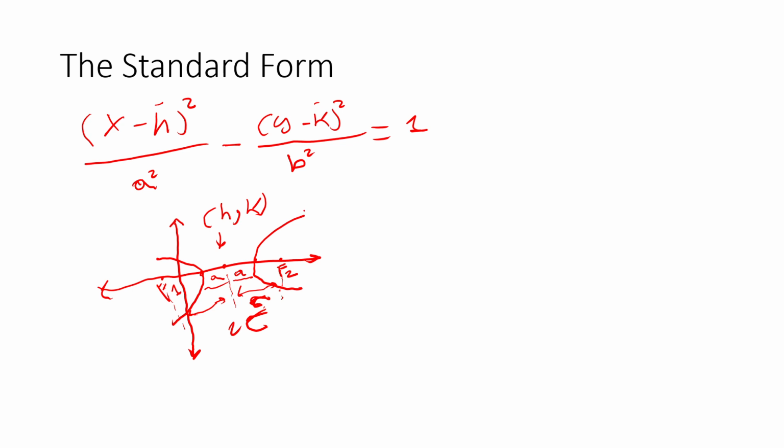Now there are two diagonal lines that are tangent to the hyperbola and pass through the center from this other side as well. They are called the asymptotes.